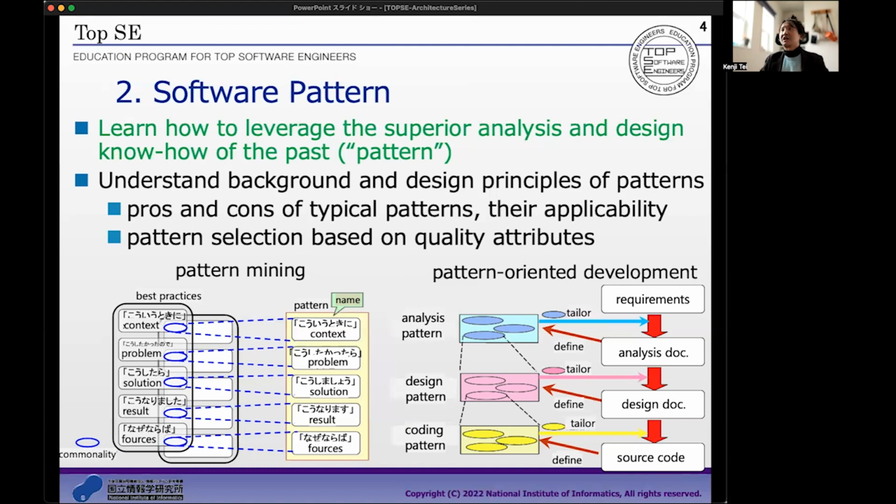Also, we can identify and extract, or mine, patterns for each activity. So this course also covers how to mine patterns. We do exercises to make your best practice in your project reusable, for the success of your project.